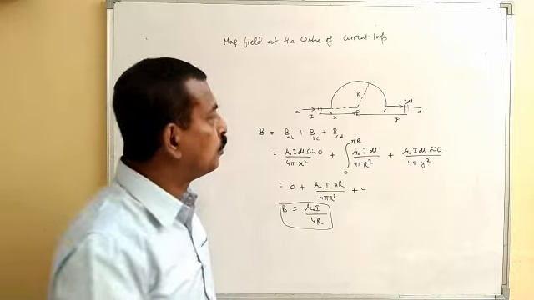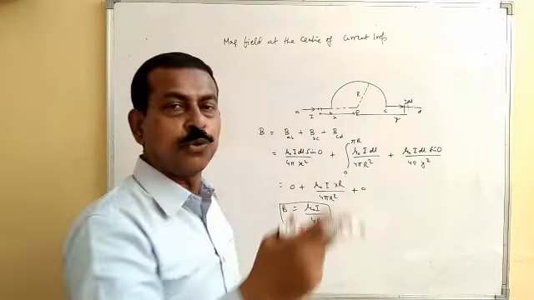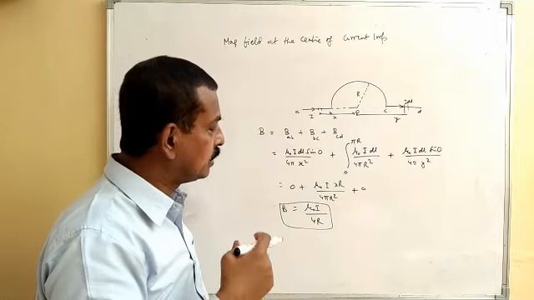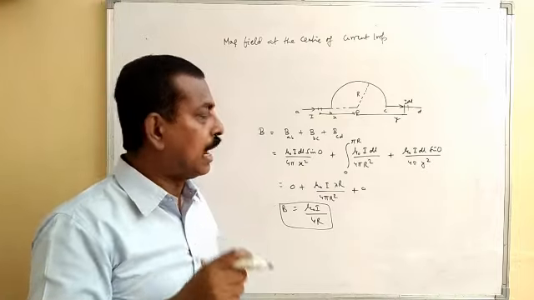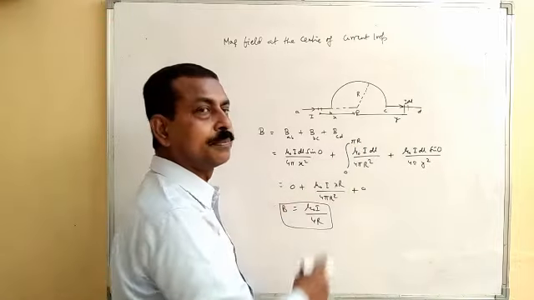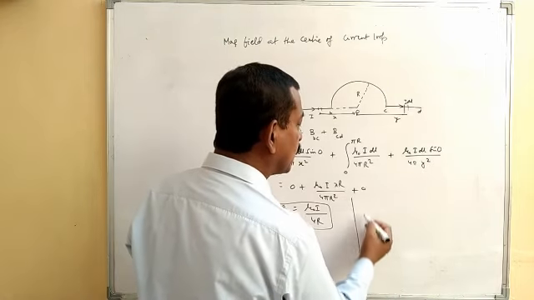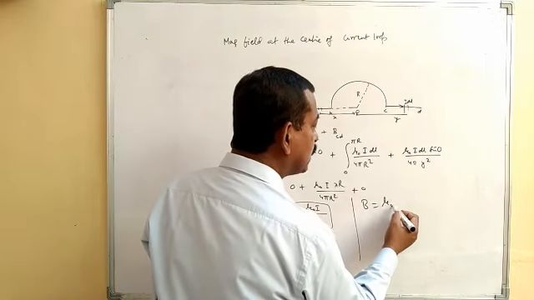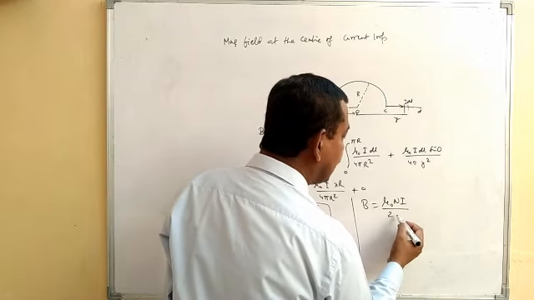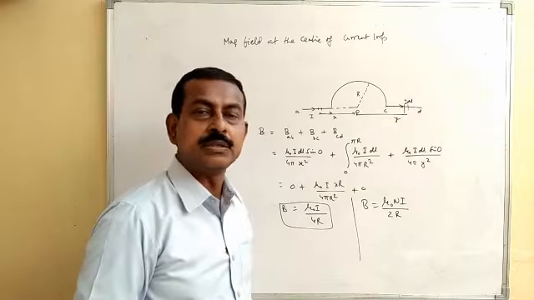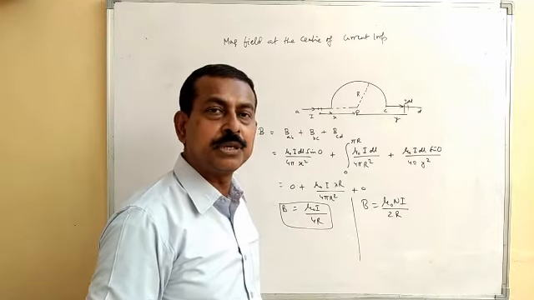And for that, we have just changed the limit of integration. In case of the full circular loop, we took the integration from 0 to 2 pi r over the entire length, and now it is from 0 to pi r. Now this result we can also get from the magnetic field due to a circular loop at its center, which is given as mu naught n I by 2r, where n is the number of turns.